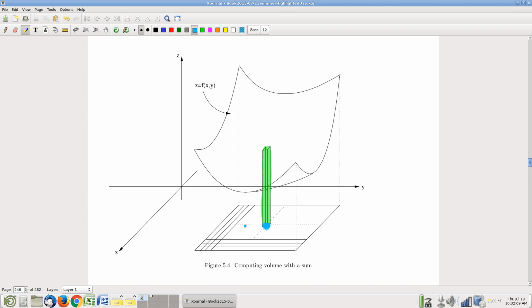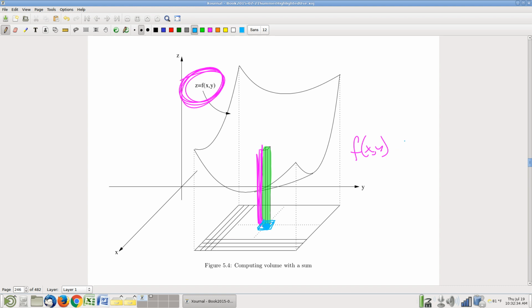We've taken the domain, we're going to slice it up in little pieces. We're going to argue that we need to add up a bunch of stuff that looks like height, which is f of x y, because z is f of x y, times the area of the base, which I've kind of made a mess down here, but anyway, there's the area of the base.